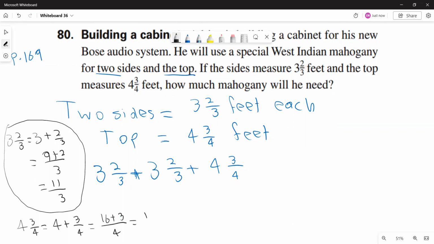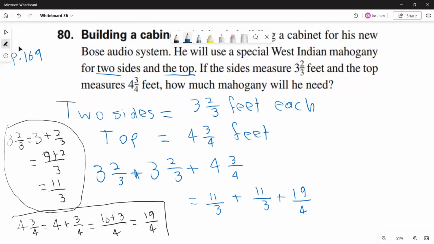So that's 19 over 4. Okay, so we have converted the mixed numbers to improper fractions. This is equal to 11/3 plus 11/3 plus 19/4.